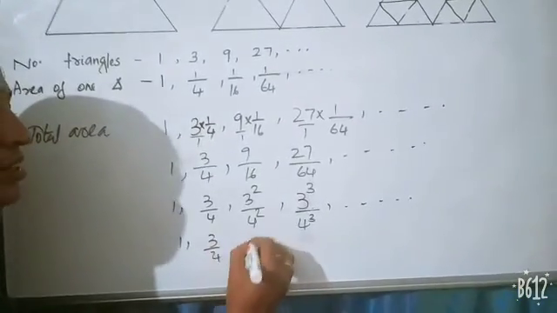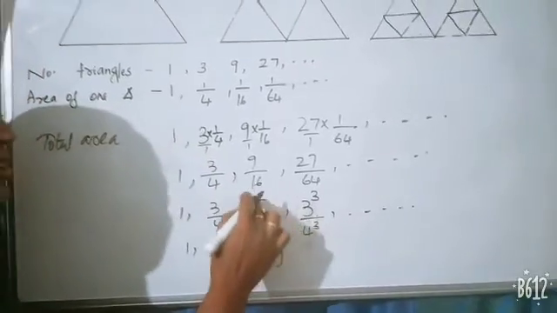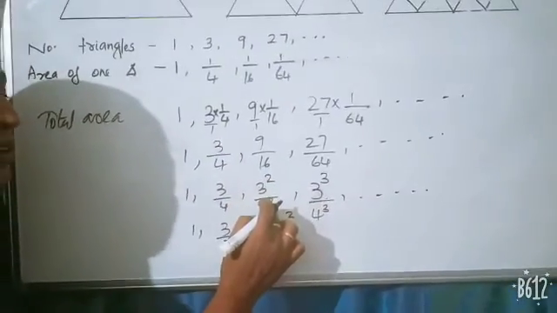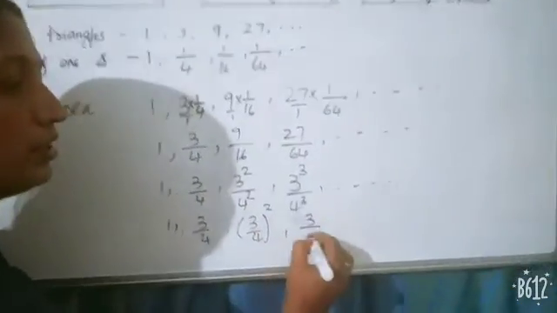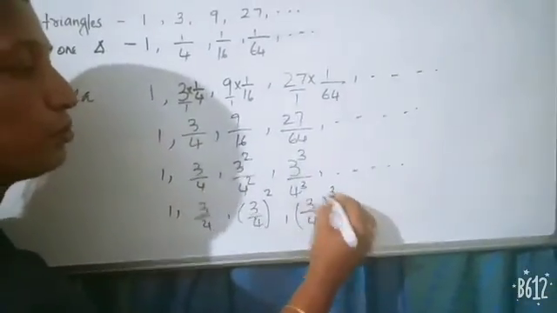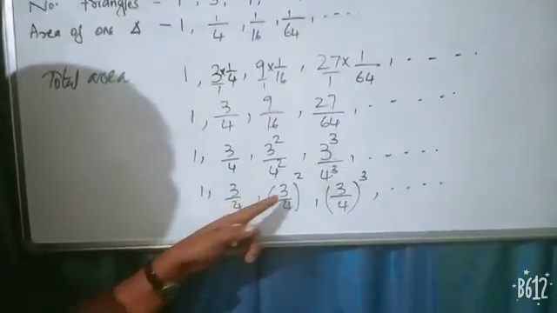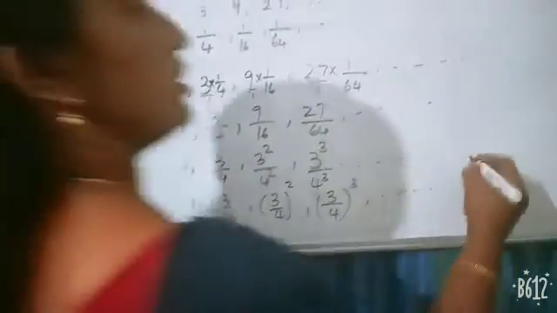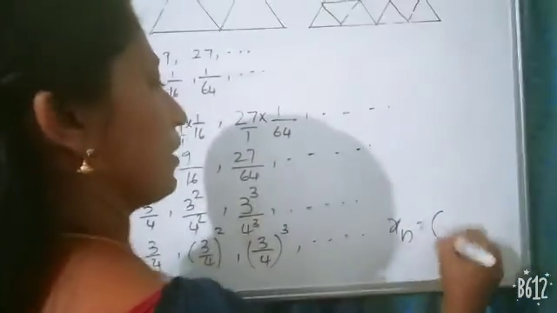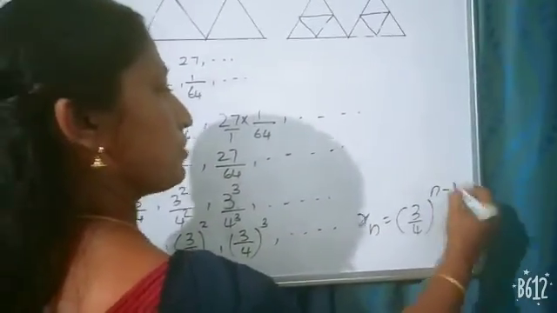We can write as 3 by 4 whole square. Here the power is 2, here also power 2. So we can rewrite as 3 by 4 whole square, 3 by 4 whole cube, and so on. First, second, third the power is 2, fourth one power 3. So the nth term we can write as 3 by 4 whole raised to n minus 1.